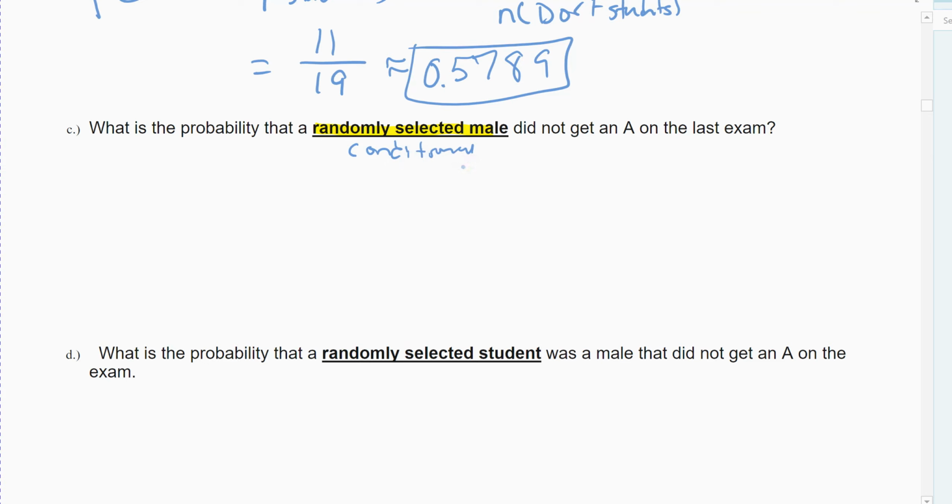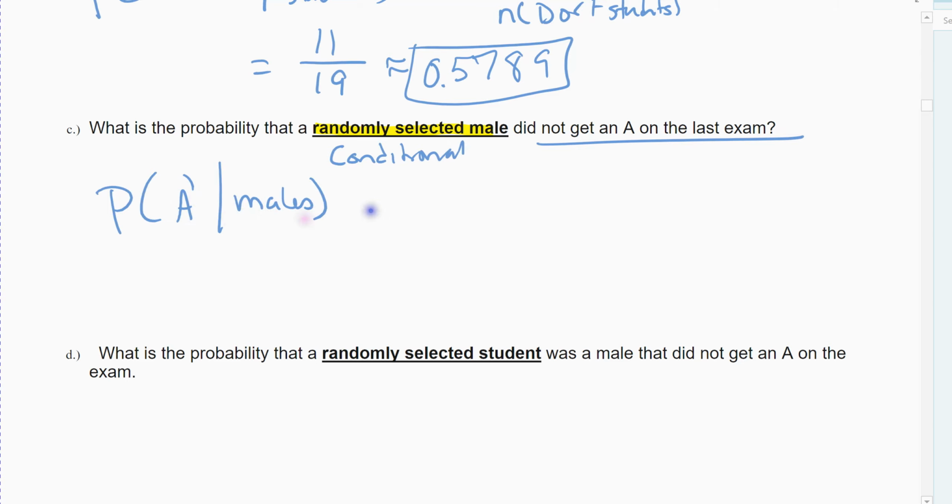So it's a conditional. And then I'm looking for the chance they didn't get an A. Probability they did not get an A, given I'm only selecting the males.